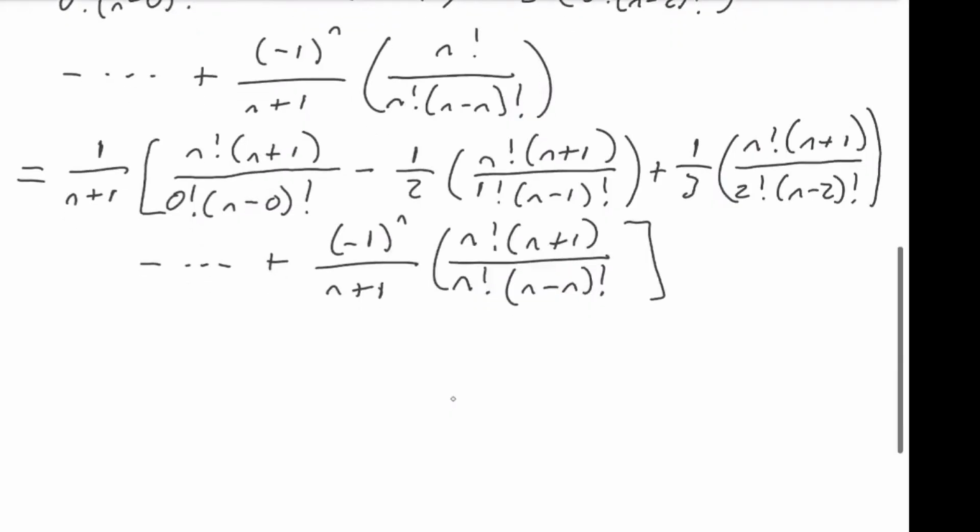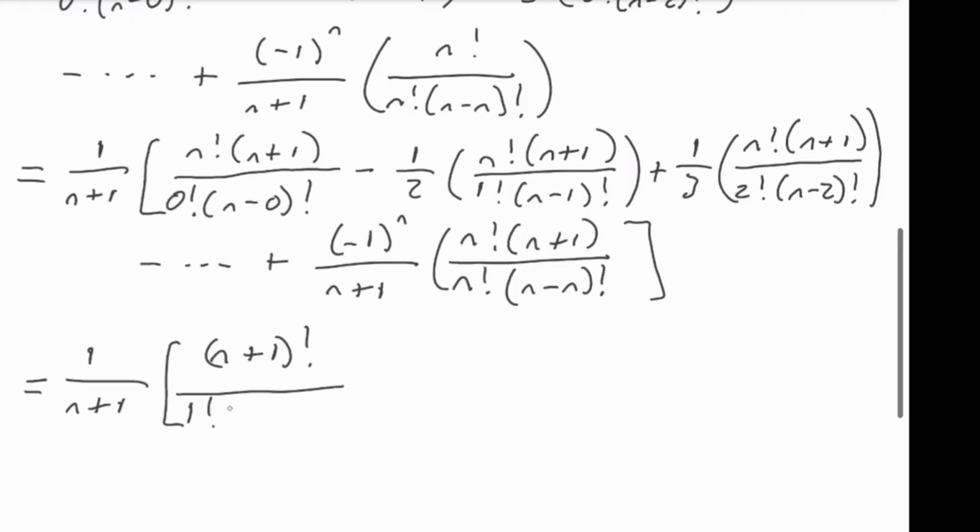Now I can rewrite this as 1 over n plus 1. Here, 0 factorial is the same as 1 factorial, so I'll have n plus 1 factorial, because n factorial times n plus 1 is n plus 1 factorial, over 1 factorial. You can see where I'm going.